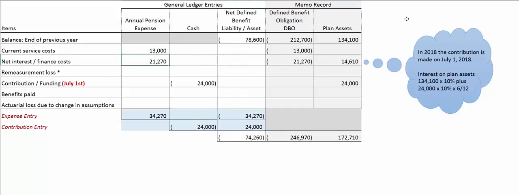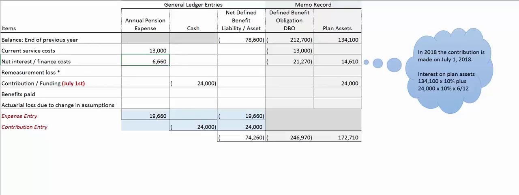So here, this amount of expense is reduced by that $14,610. So we have an annual pension expense that results from the difference in those two numbers, the $6,660.